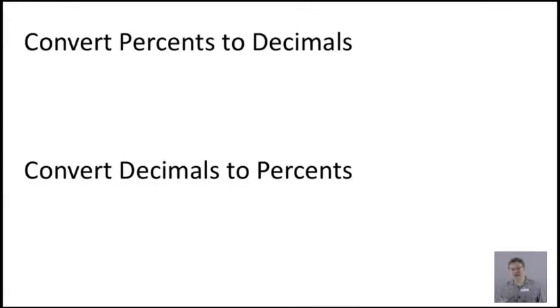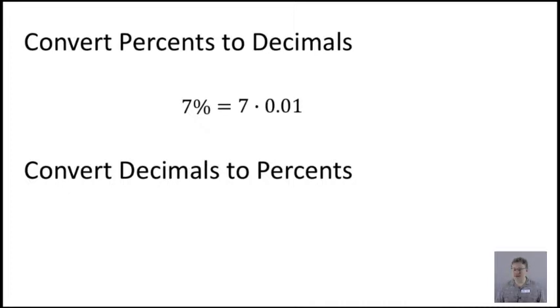Let's convert some percents to decimals. Again, we are dividing by 100. In fraction land, we can do that by multiplying by 1/100th. In decimal land, that usually involves just moving the decimal place 2 spaces to the left, or multiplying it by 1/100th, which is 0.01.